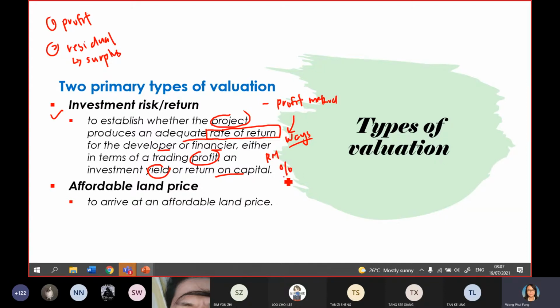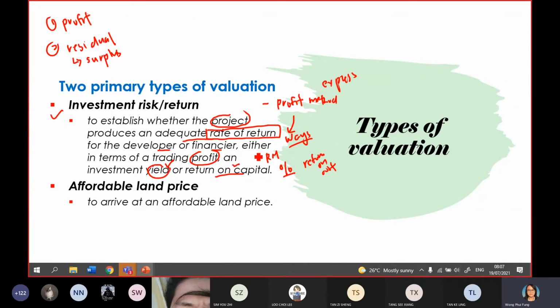Even the percentage can be divided into yield, return on capital, or return on cost. So there are different ways to express the rate of return. There is no fixed way. It depends on the company preference.